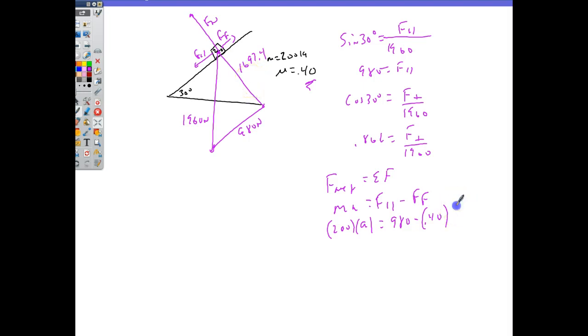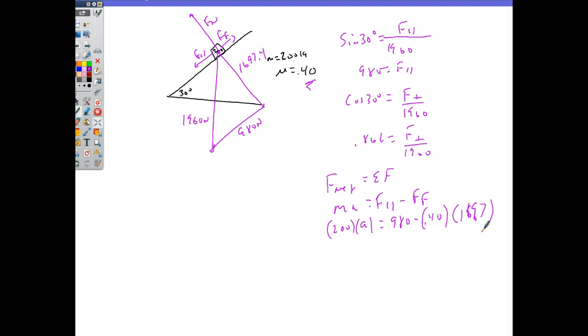Yep. This becomes 1697. Wish I could write. That would be cool. 1697. Oh, good. Dyslexia on top of it. All right. Awesome. One more disease to have. Minus 0.4 times 1697.